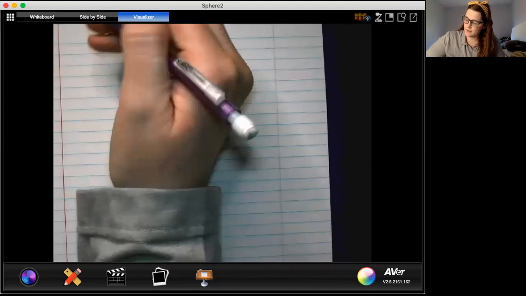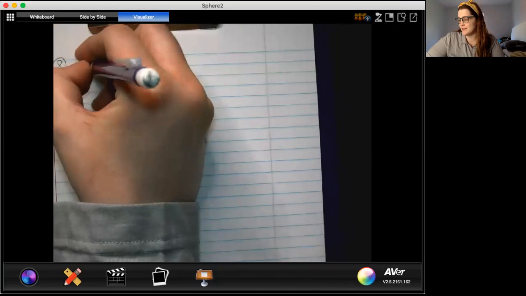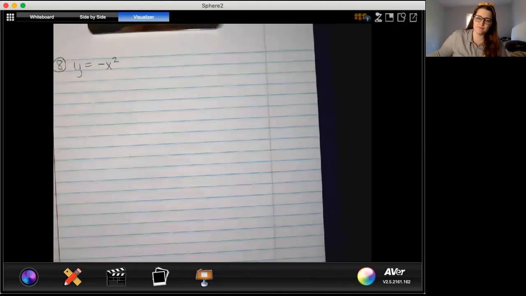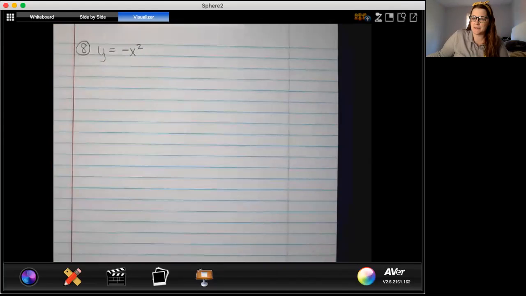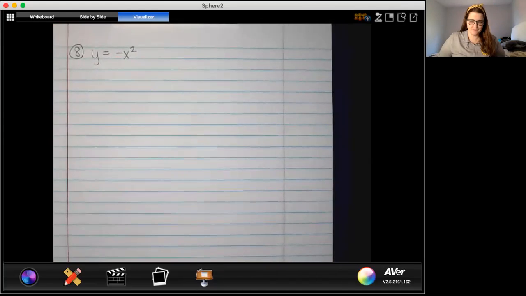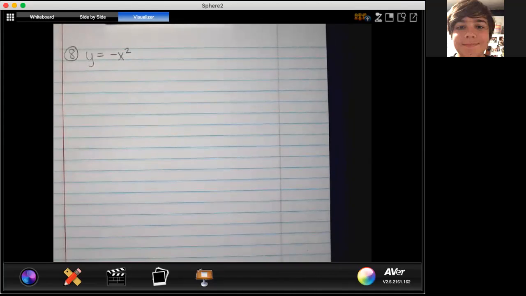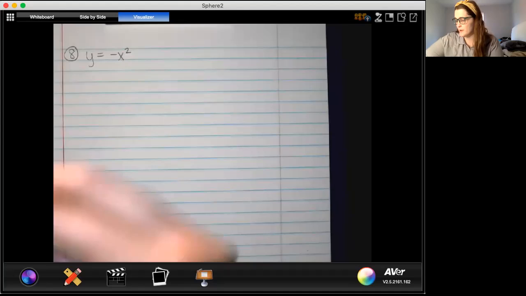Lots of different ways to transform. Okay, number 8, last normal one, I should say. Y equals negative x squared. Okay, this one should be a pretty easy one to guess. When a is negative, that means we have a reflection over the x-axis. Correct, and that's exactly what you write.